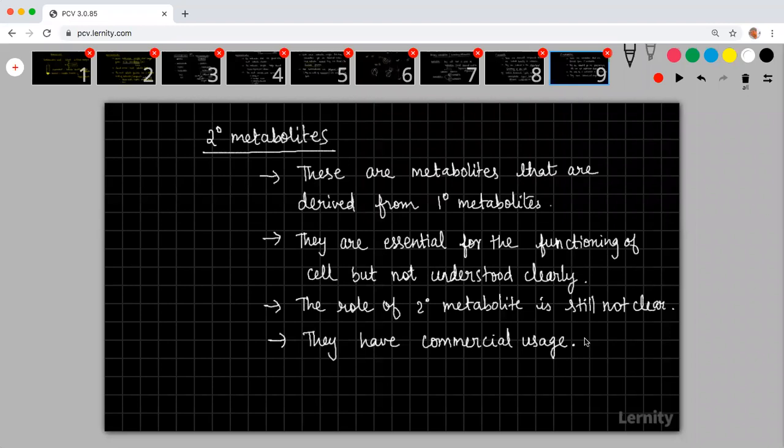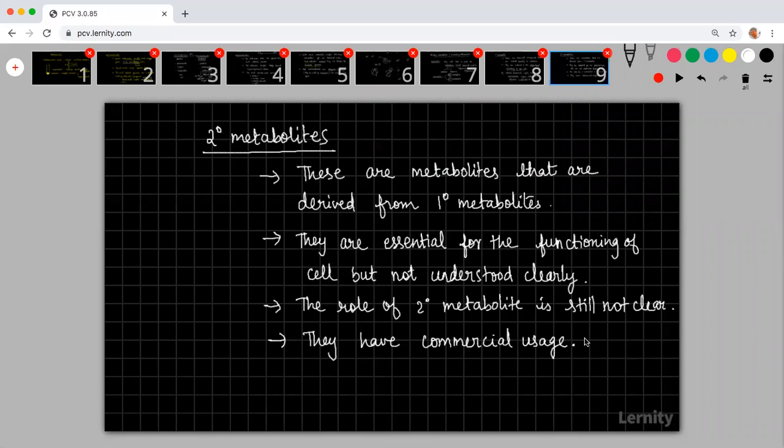Any drug that you are taking is not directly from metabolism. These are all organic chemicals, isolated, or you can synthesize them. Those are what we call secondary metabolites. If you ask me whether they are involved in the physical process of that plant, they might not be involved in normal functioning of the cell, but still they are present inside the plant or the animal.